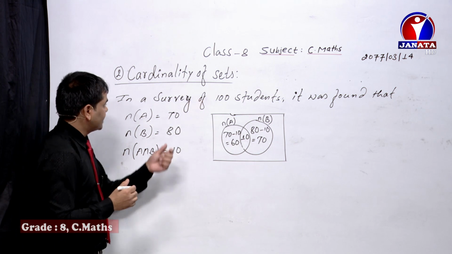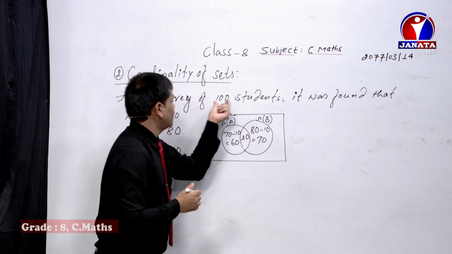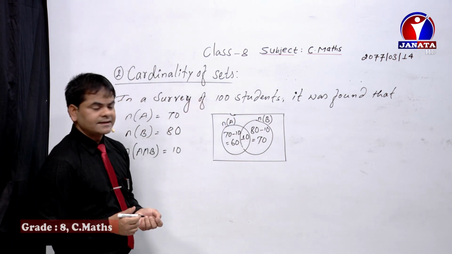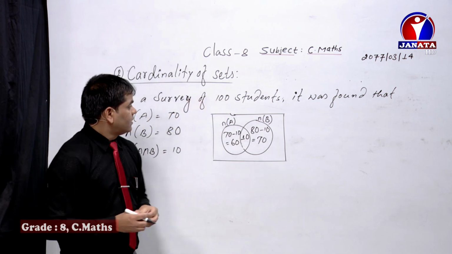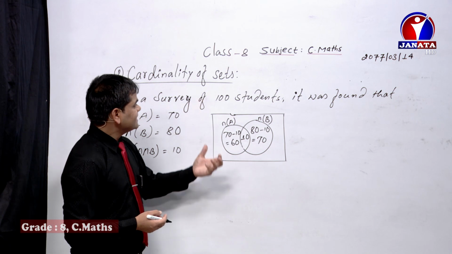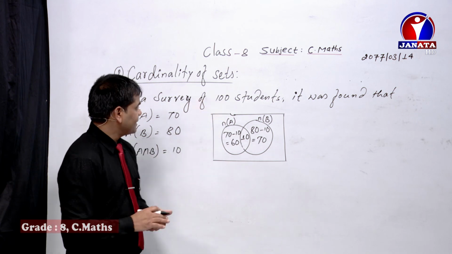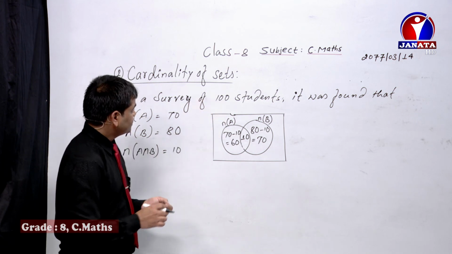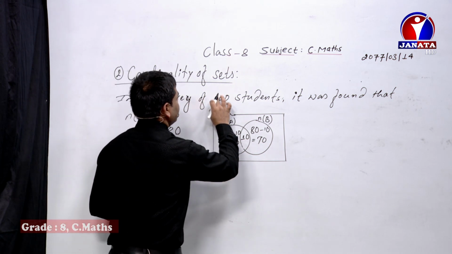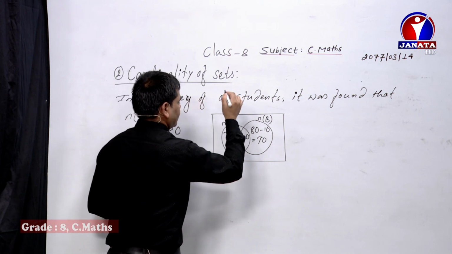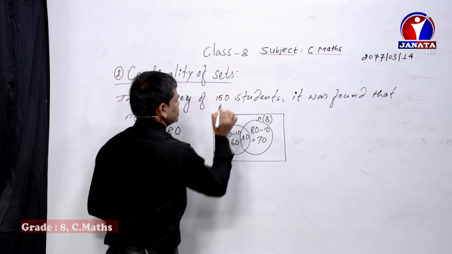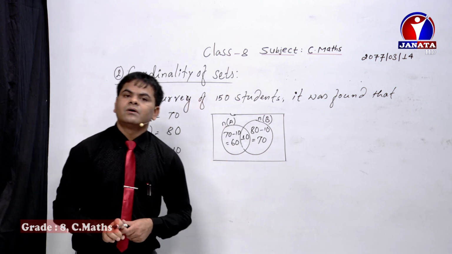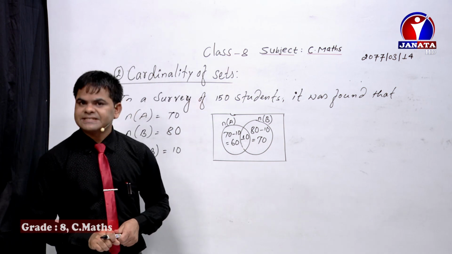And after that, dear students, another thing is, in the case of the universal set, in a survey of 100 students, it means the total number present in this Venn diagram is to be 100. So, dear students, rather than writing 100 here, I am going to keep a little bit more, 150, so that it will be easier and the countable number won't become negative.